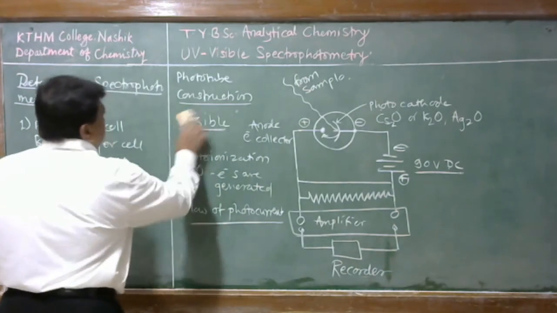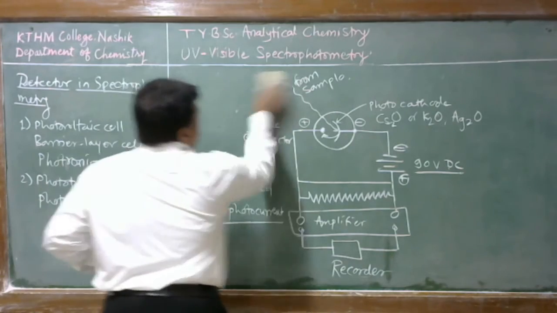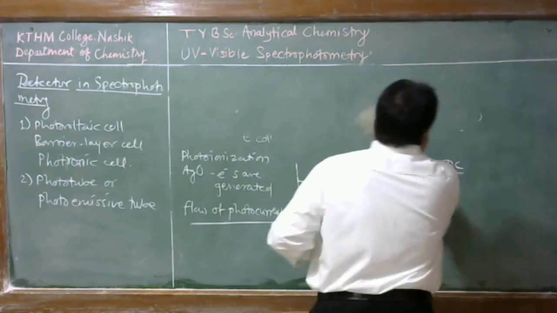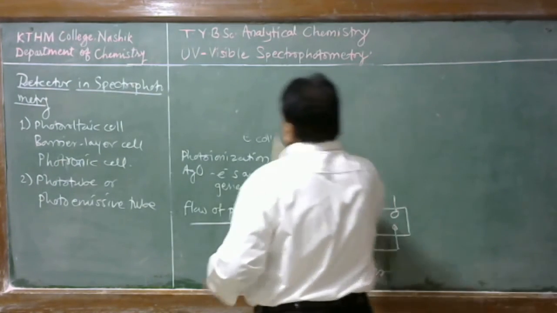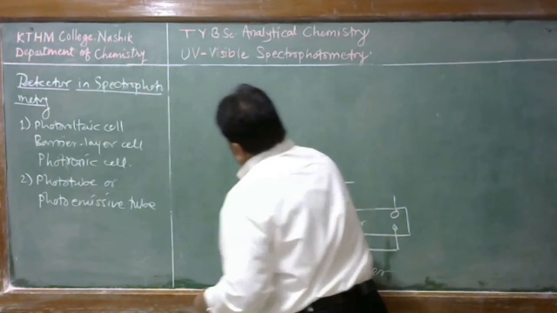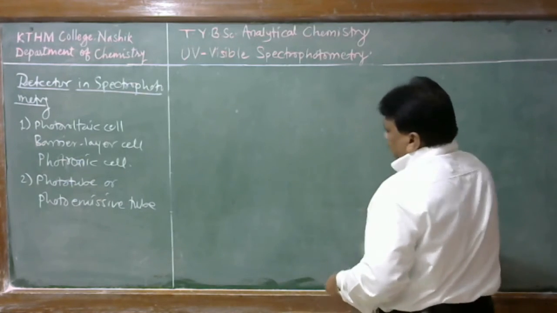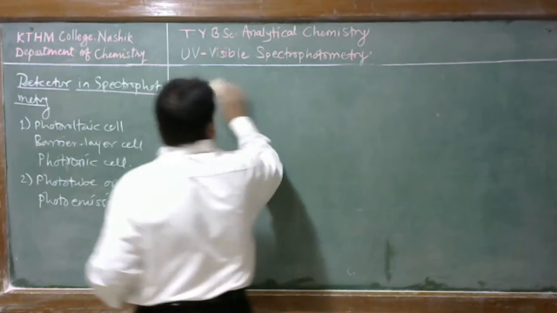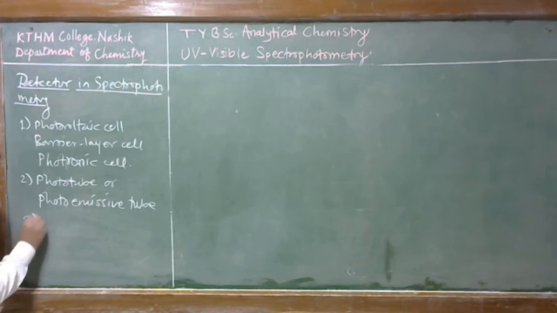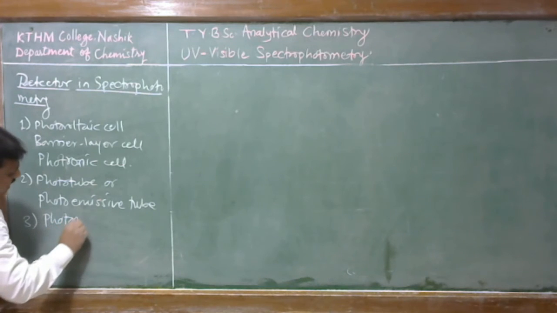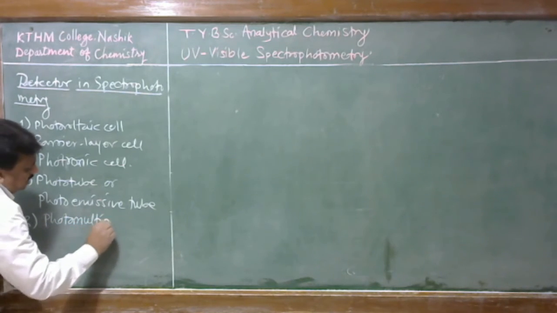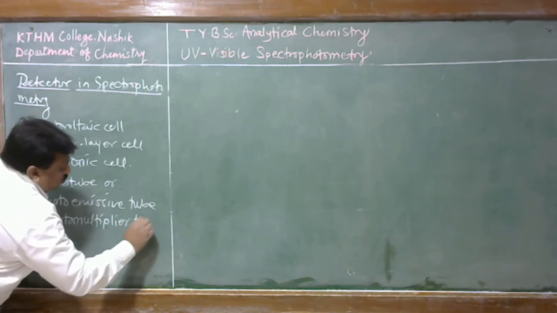Now we discuss the third detector, that is a photomultiplier tube.